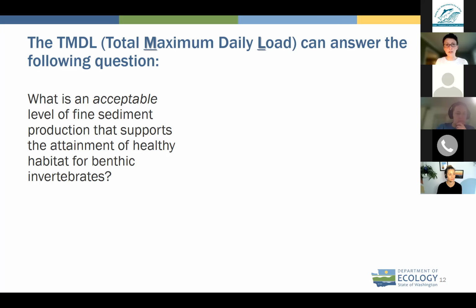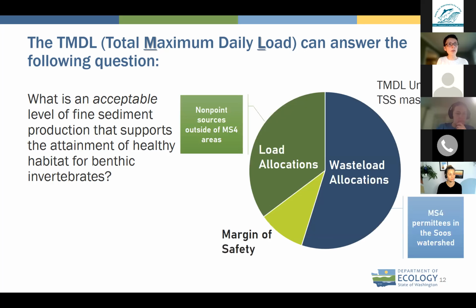We are using HSPF to understand how to assign point sources like municipal stormwater permittees, non-point sources, and a small margin of safety. The allocations will be expressed in terms of pounds or tons per year of TSS, or total suspended solids. So it all sounds pretty straightforward, right?